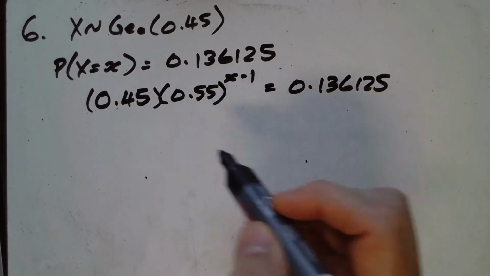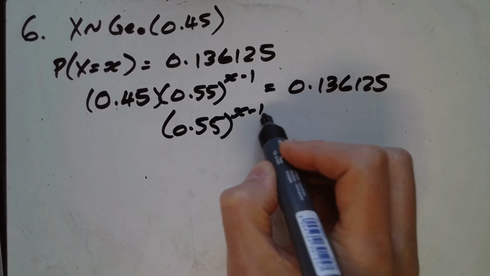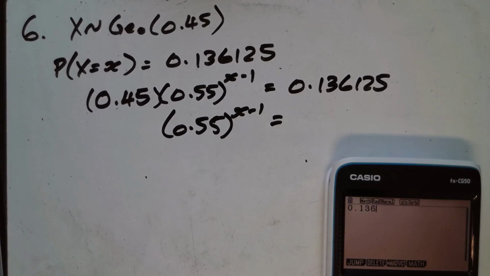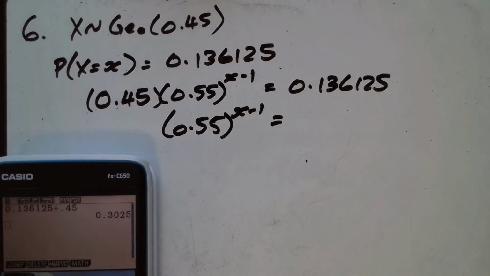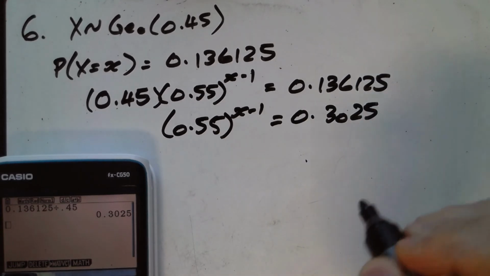So I think the first thing we're going to do is divide by the 0.45. So if I put 0.136125 divided by 0.45, that gives me 0.3025.